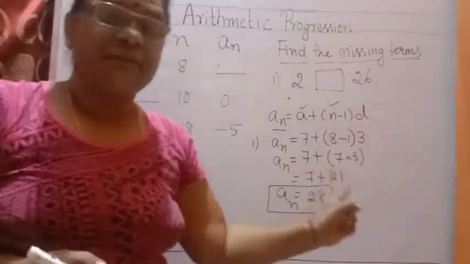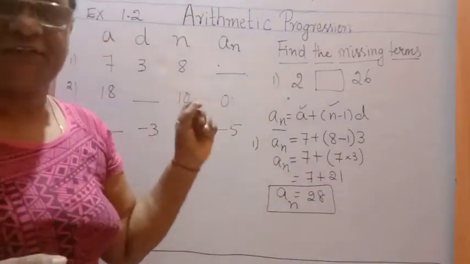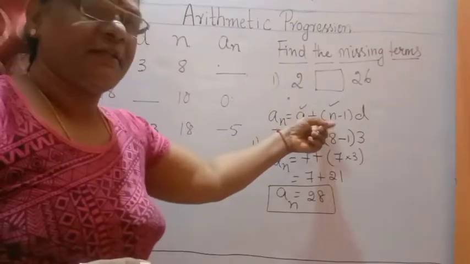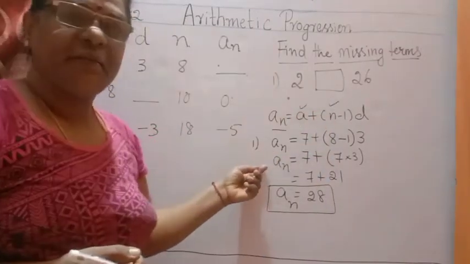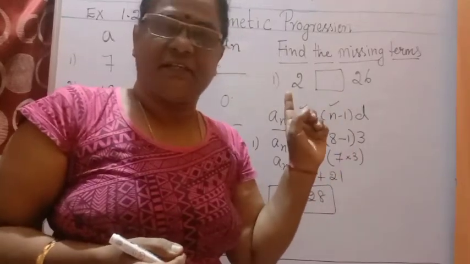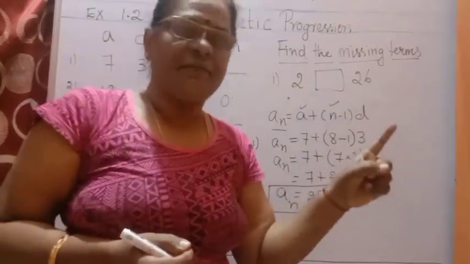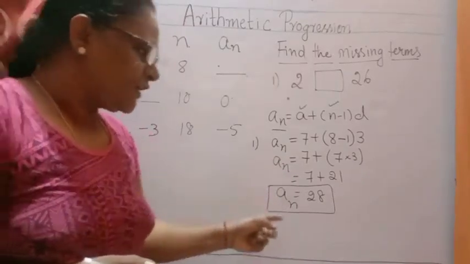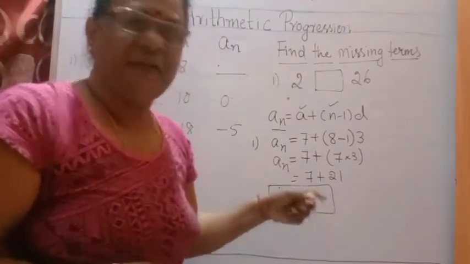Here also, the number of terms is like the number of students in the class, that is your n, and an is the last student whose name is in the register. Here also this is the last term of the sequence.